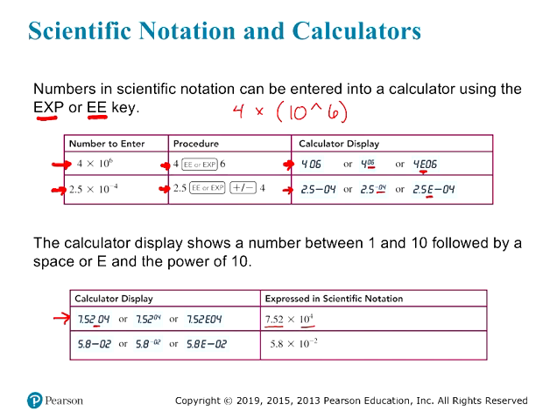And again, remember, sometimes calculators will put the 4, so the power of 10, in as an exponent. And sometimes calculators will put an E in between the two values. And same for this value down below. If you see a 5.8 and then a separate negative 02, that tells you that the scientific notation coefficient is 5.8 and the power of 10 is negative 2.